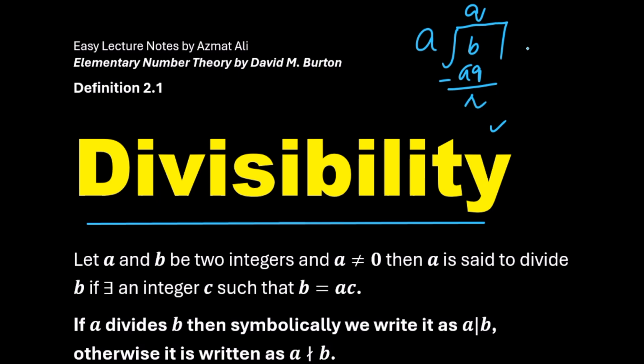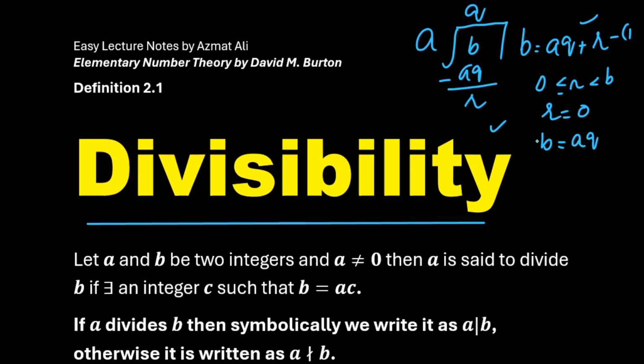Then you can write b is equal to a into q plus r, where your remainder r lies between 0 and b. In case, in this definition of the division algorithm, your remainder r is equal to 0, then b becomes a into q.